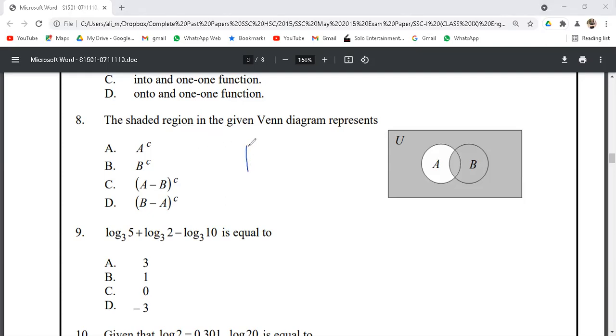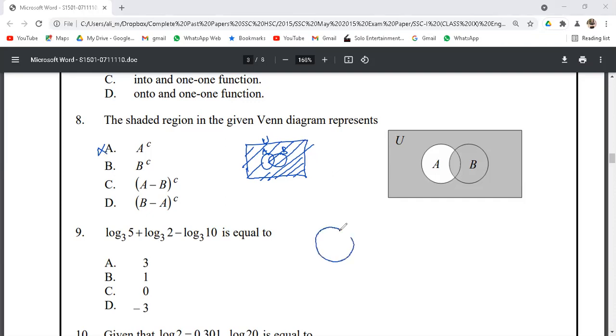If we take A complement, the first option, this is set A, this is set B, and this is the universal set. If we subtract set A from the whole universal set, we will get this as our answer. The common region of A and B will not be a part of this A complement, which means this first option is incorrect.